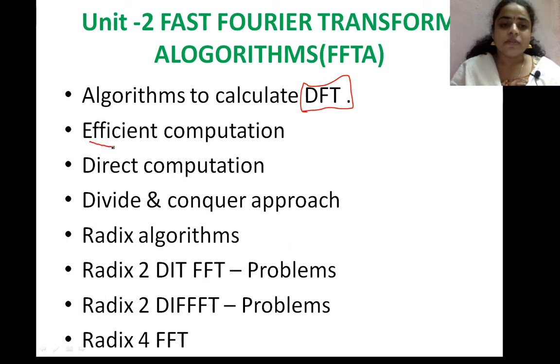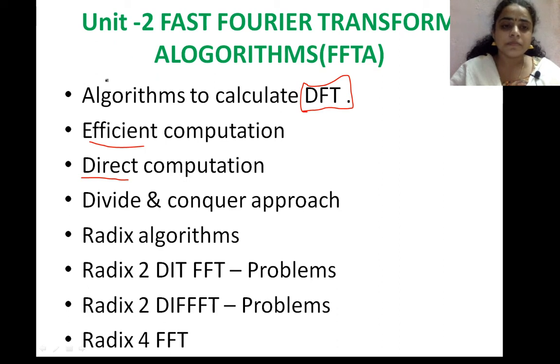We will check the complexities of each and every algorithm. Depending upon the complexities, that means the total number of multiplications and total number of additions used, which differ in different algorithms, we are able to find out which algorithm is efficient. We have to find the algorithm with the least computational complexity.